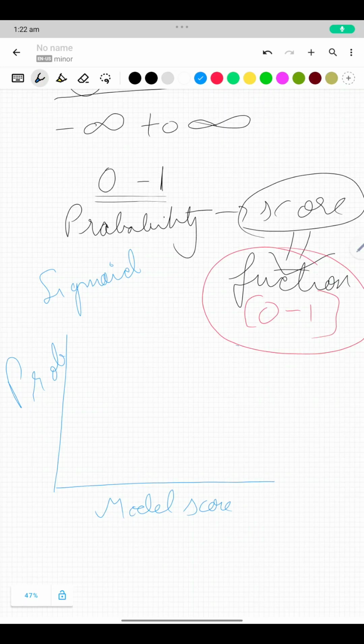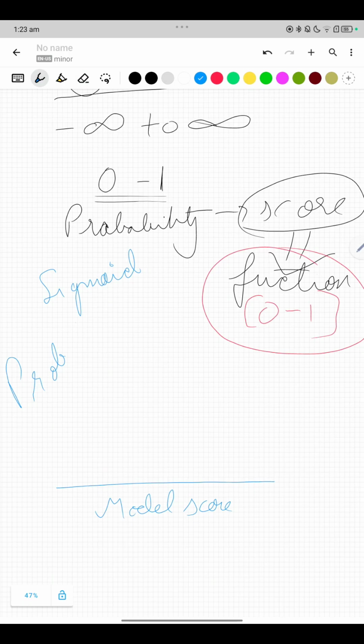Let's just say it's something like this, right? Maybe even a little closer to 0 or a little higher, but actually of this particular shape, right? So a very negative score, right, would mean that the probability is close to 0. Let me just redraw it and show it like how it really is.